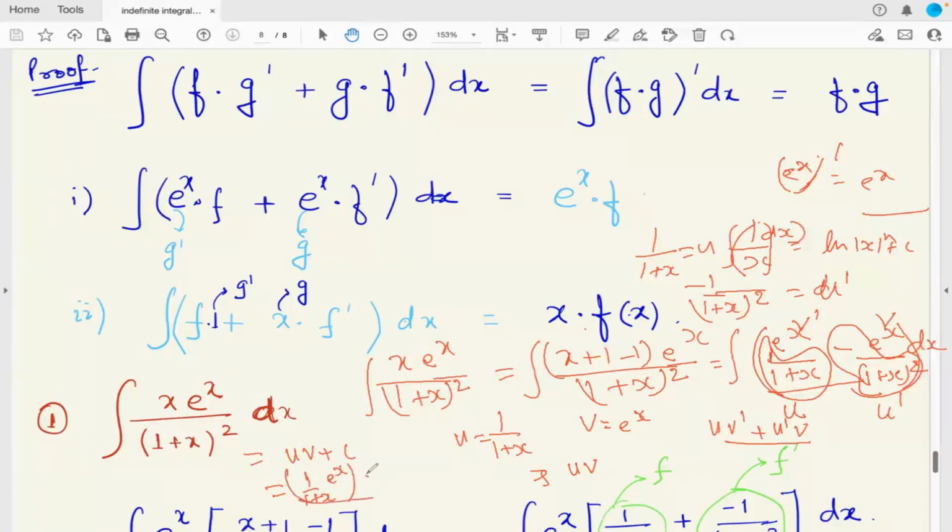So this is our integration value. Okay, I hope you'll understand that. Here this uv dash comes according to the product rule, and then we integrate this function, we get uv plus constant. So our integration value will be uv. I hope you'll all understand that.